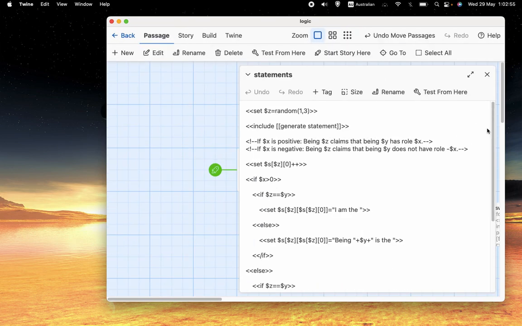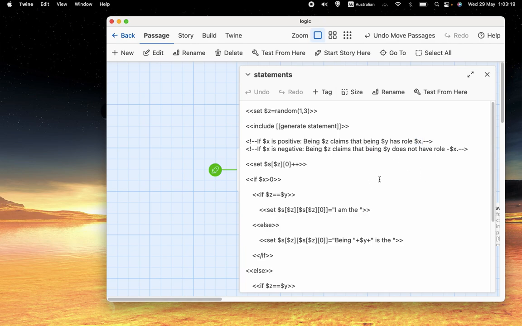As I've said before, Z is the being that's making the claim. Y is the being about whom the claim is made. So being Z claims that being Y. And X used to be a claim that they have that role.